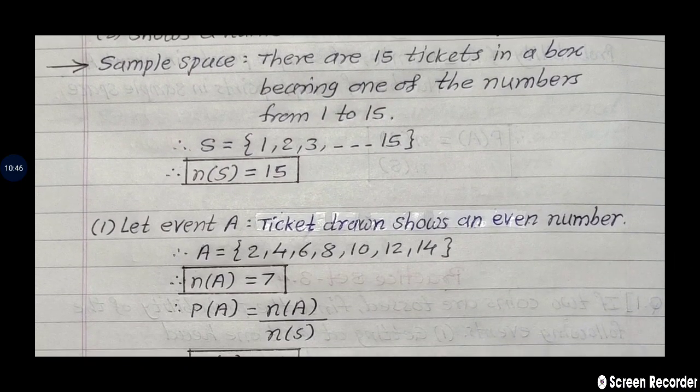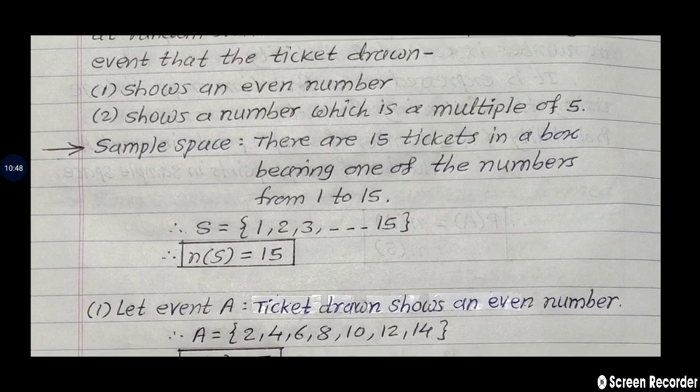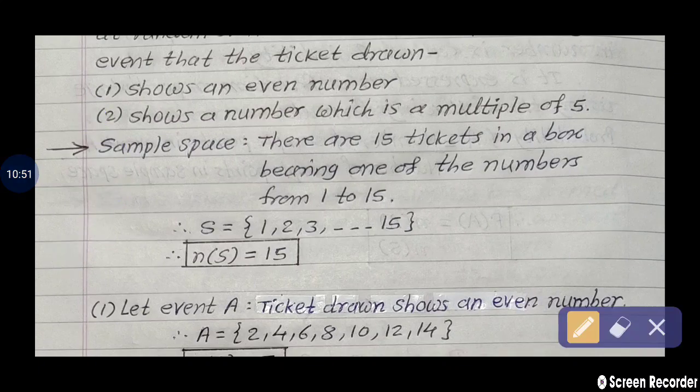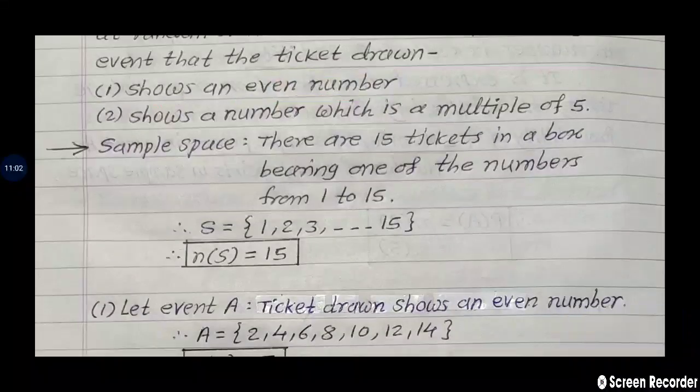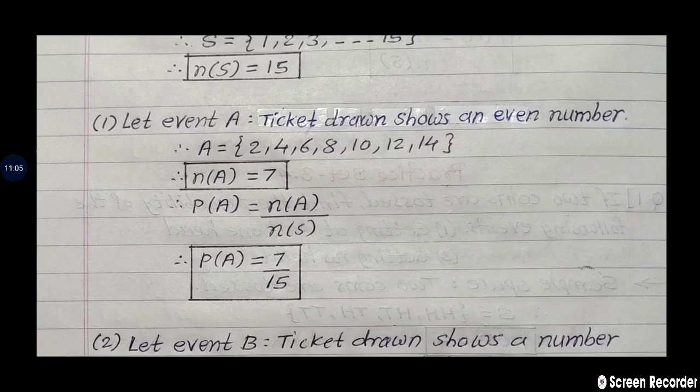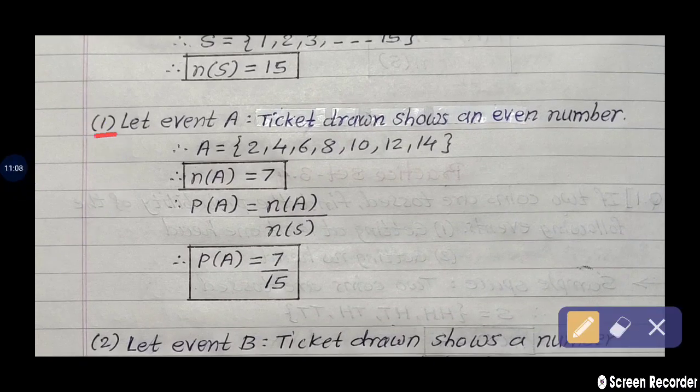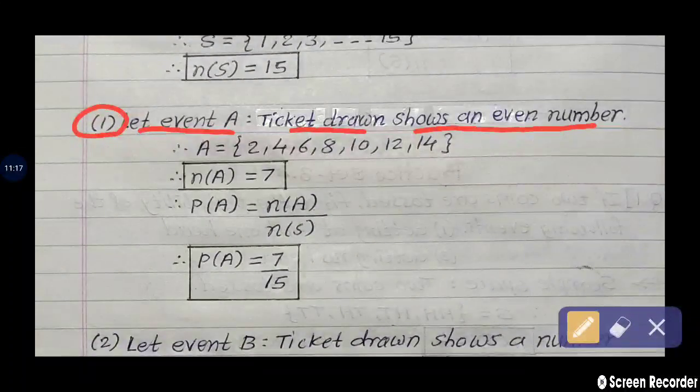Next, what is the first event given? The ticket drawn shows an even number. From 1 to 15, which are the even numbers that we write in this first event? Let event A be the ticket drawn shows an even number. Therefore, A is equal to... Which numbers are called even numbers?